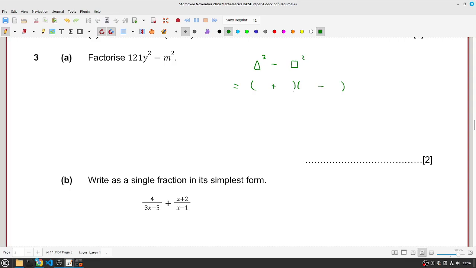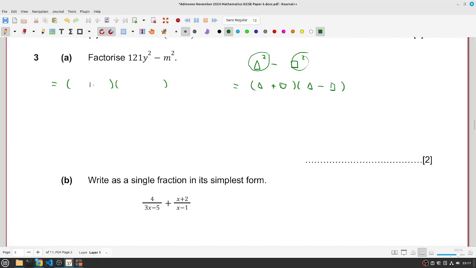And then what goes in the front of each bracket? Well, the square root of that thing. So the square root of triangle squared is just triangle, and the square root of square squared is just square. Right? And then if we multiply this out, we should get that back. So that's a nice, easy factorization. Difference between 2 squares. Okay, so we will have here 2 brackets.